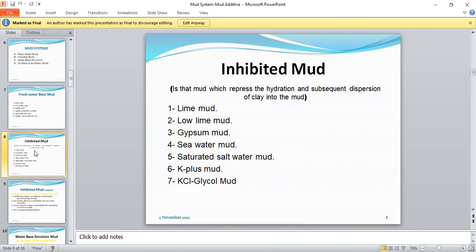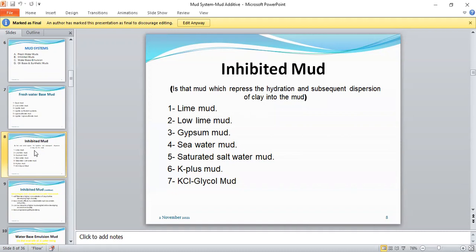Potassium will displace sodium since it is higher. And once the sodium goes away from the clay, it cannot absorb water. And once it cannot absorb water, it will not swell. Thereby, your hole will be in good condition.